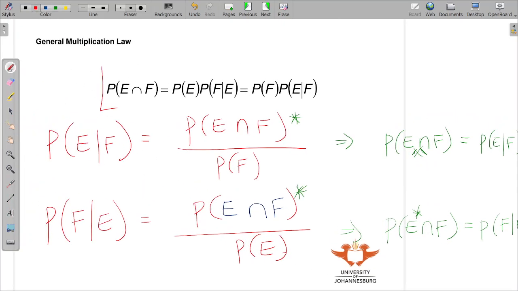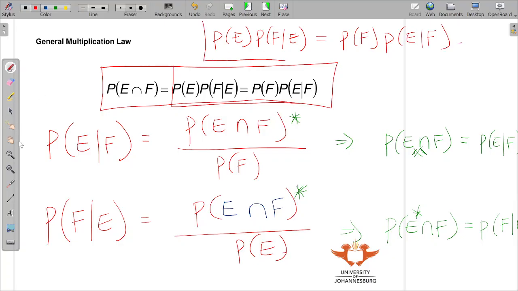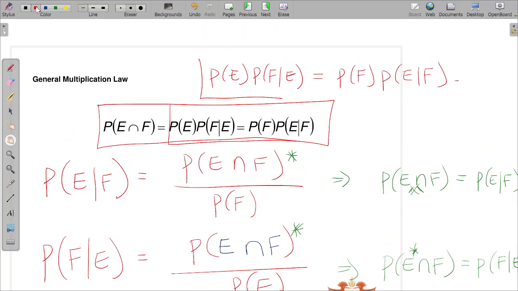So we get the probability of E multiplied by the probability of F given E equals the probability of F multiplied by the probability of E given F. Sometimes you need this formula to solve your problem.